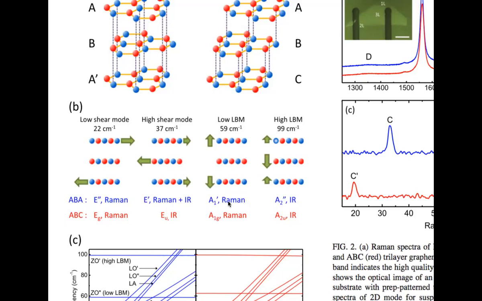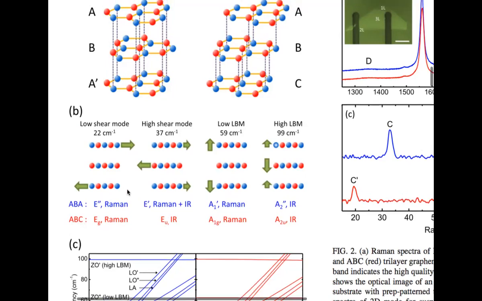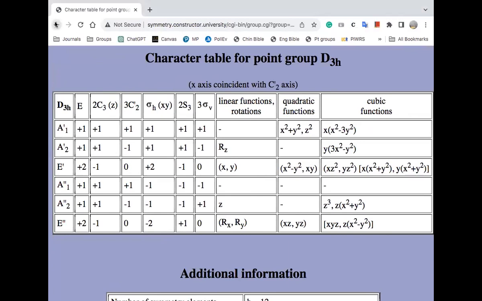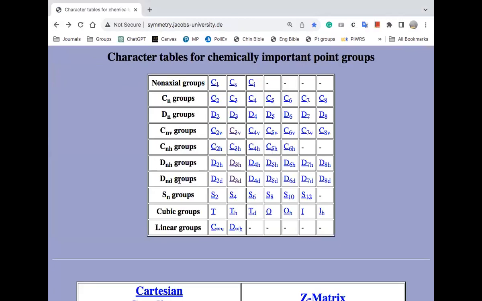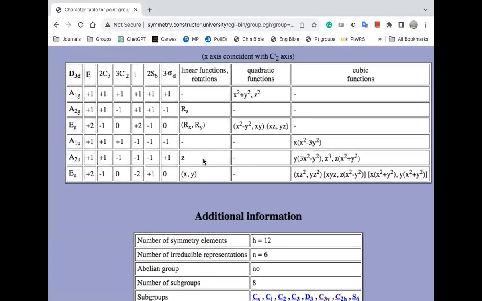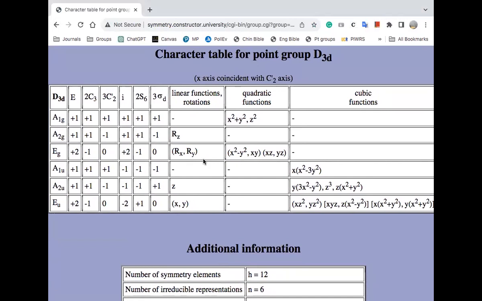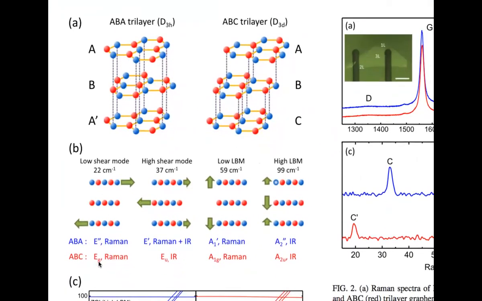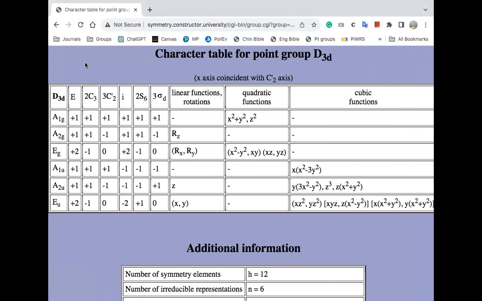Let's continue on ABC. ABC has a D3D symmetry group, so you just go to D3D. Here, D3D, you click here, then you see the character table, and then you just go one by one. This is the EG mode.